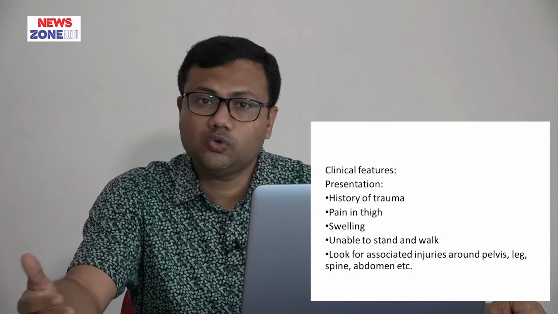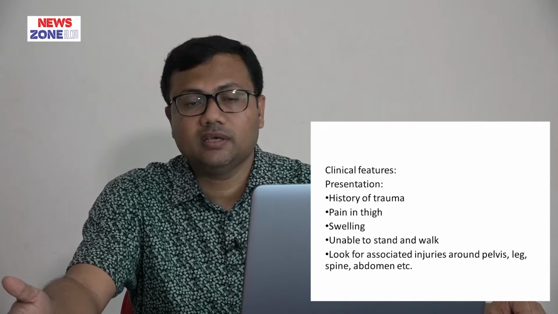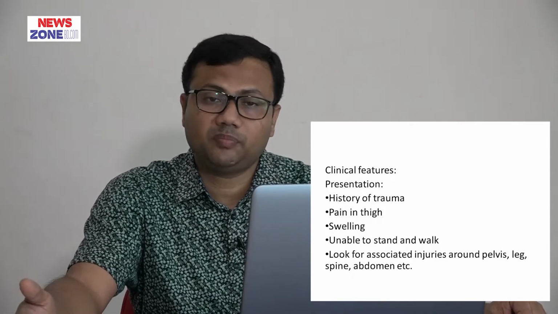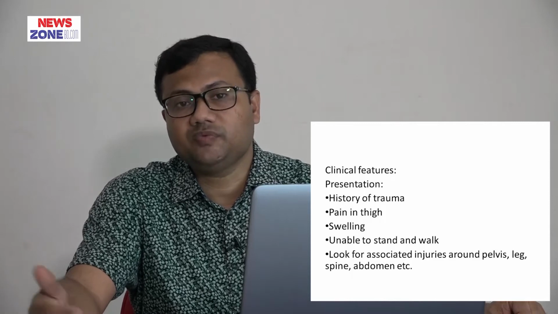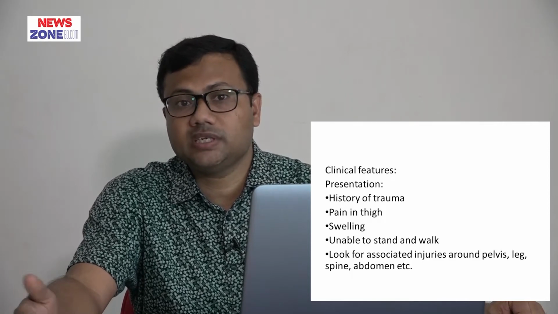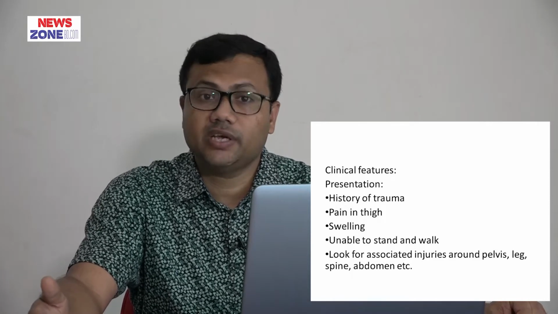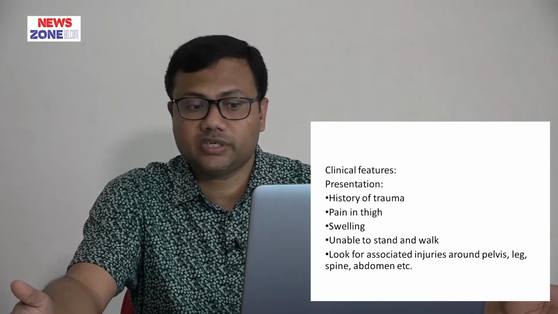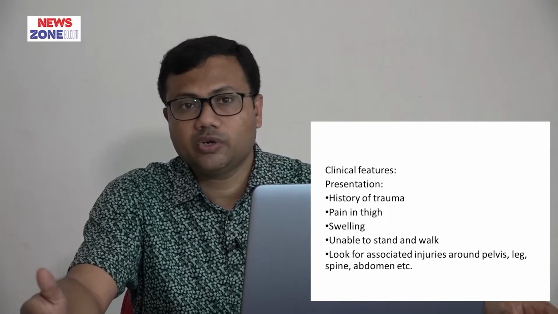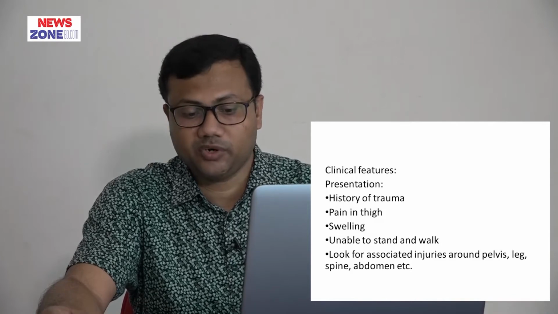Or we should look for other injuries to the leg. In many cases, fracture shaft of femur may be associated with fracture tibia fibula or fracture neck of femur or fracture in the trochanteric region. So, thorough clinical examination is very important in this case.